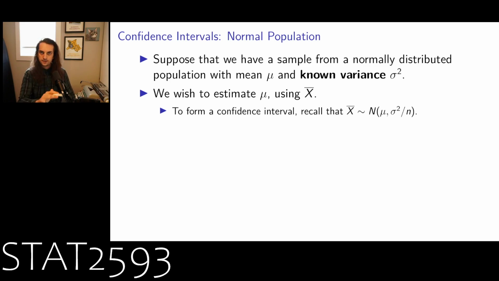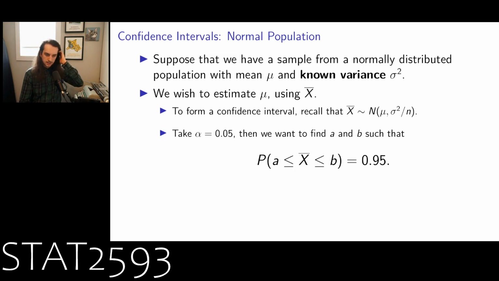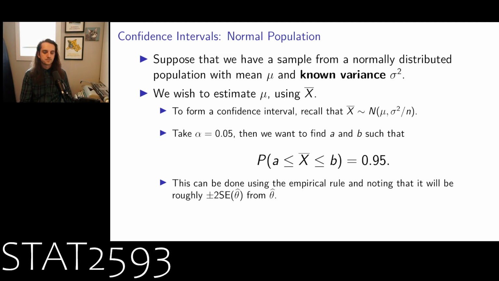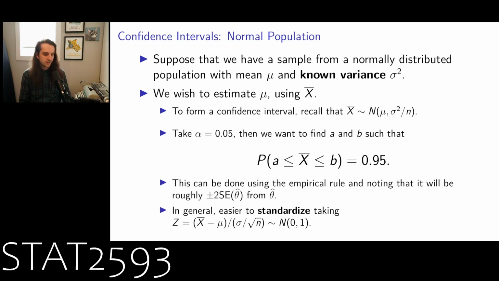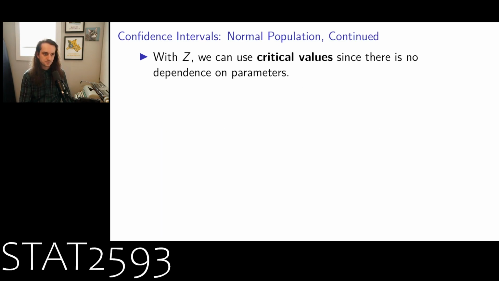These notes just summarize the procedure that we just walked through. If we take alpha equals 0.05, then we want the endpoints such that the probability is 0.95. Instead of using 1.96, we could have used the empirical rule, which is a candidate where it's useful. But as we noted, it's generally easier to standardize, so we take z to be x bar minus mu divided by the standard error. Then we can use our critical values, and there's no dependence on outside parameters.